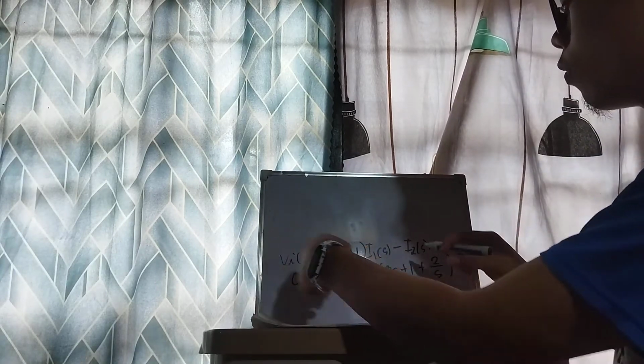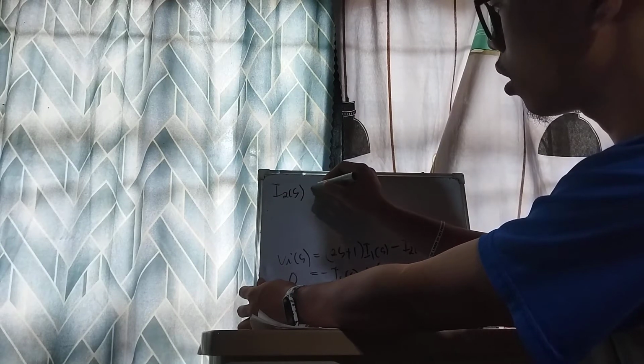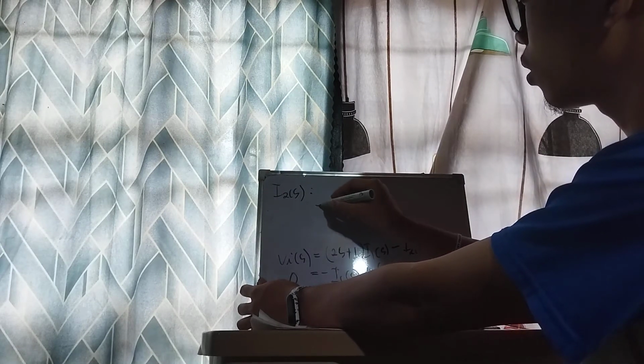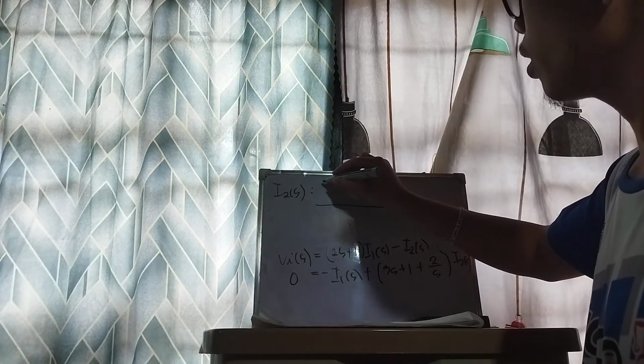If we want to solve for the value of I2 of S, we have to use the determinant method using the matrix.